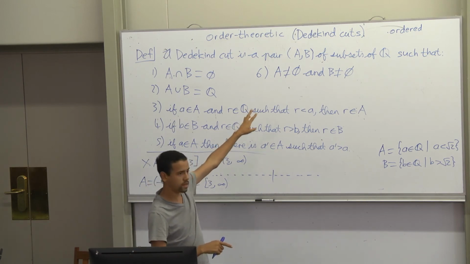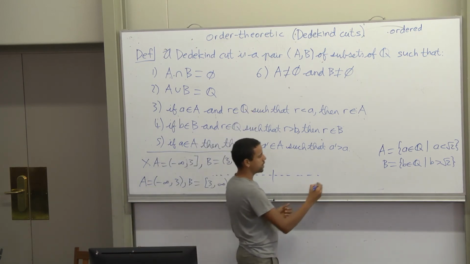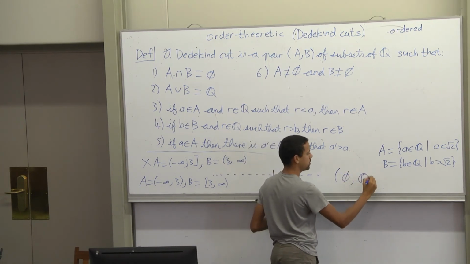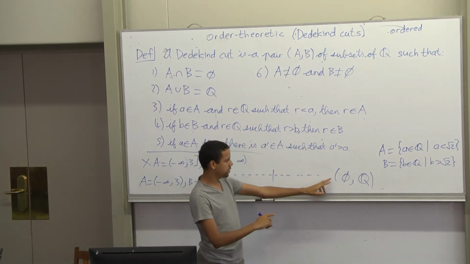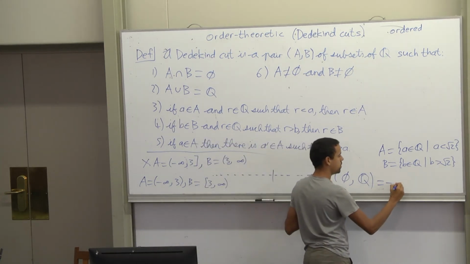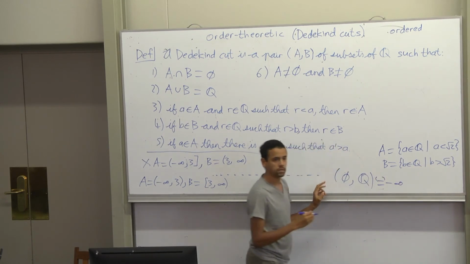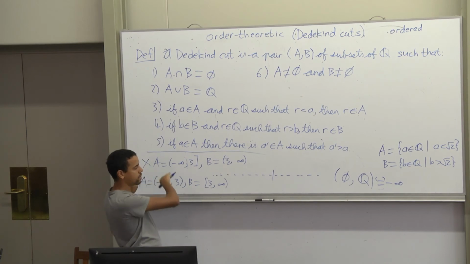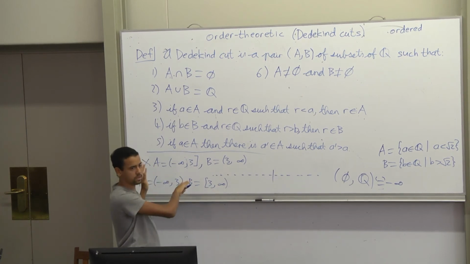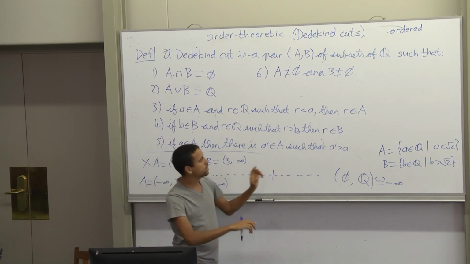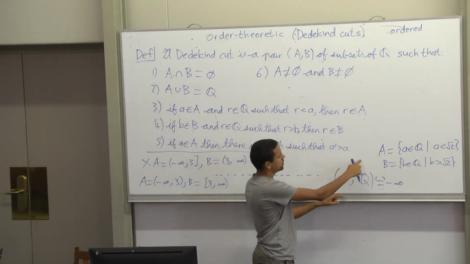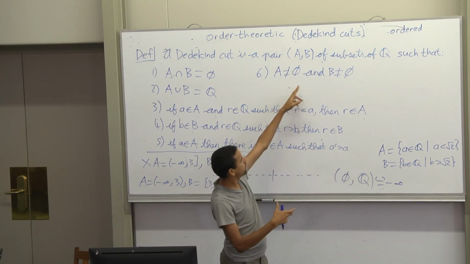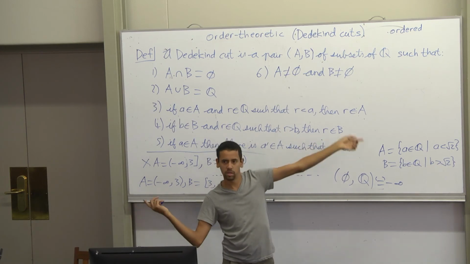If I don't leave that out, then I could have the Dedekind cut consisting of the empty set and the rational numbers, where this would actually sort of be negative infinity, because my left-hand set is everything on that side, and my right-hand is the whole rational numbers. And the other one, with the rational numbers and the empty set, that would be positive infinity. If I take that away, I'll just have the real numbers without negative and positive infinity.